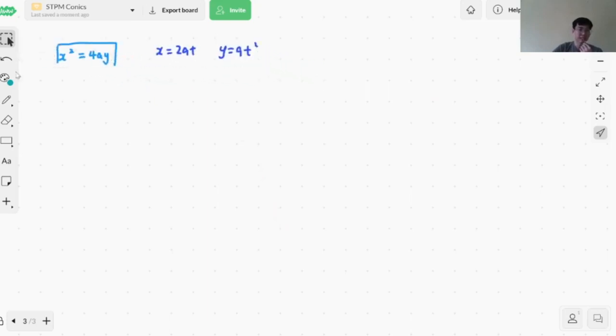So let's say I am here to sketch the graph of the parabola. Okay, so this parabola here, let me adjust. Maybe I'm not going to sketch it yet, because this is x squared, right? So I have to change this.